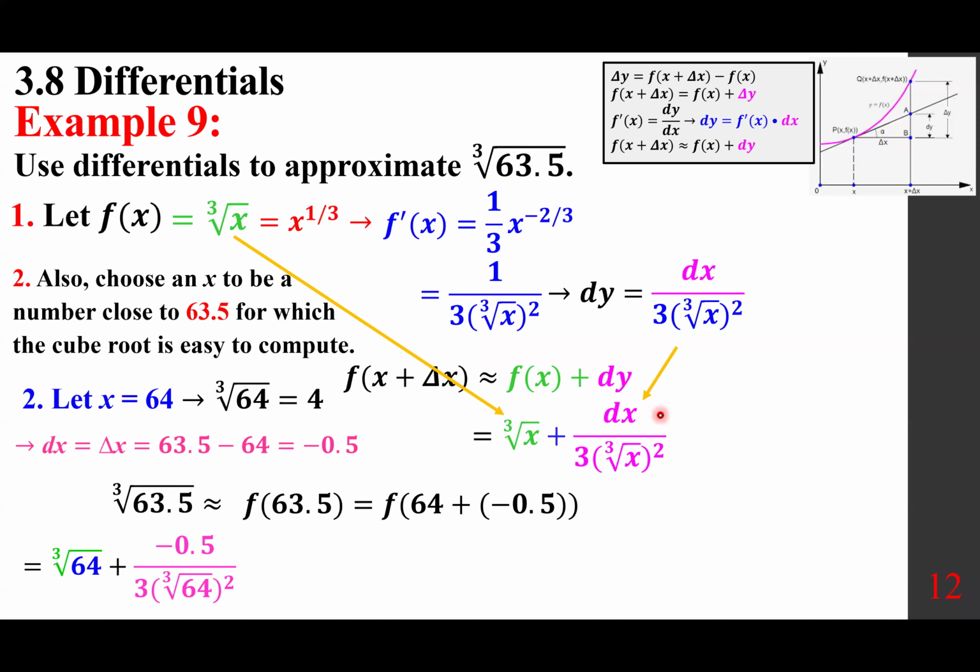So obviously, cube root of 64 is 4. So this is 4. Square it, 16 times 3 makes it 48.